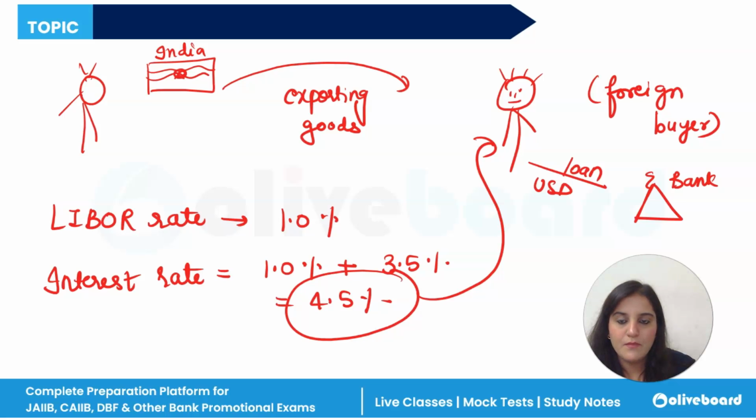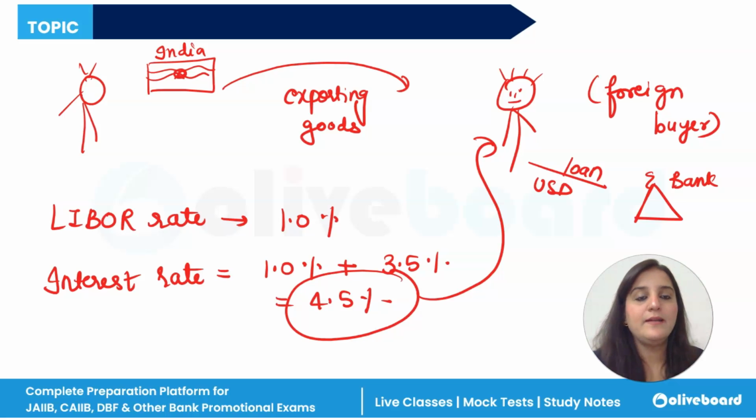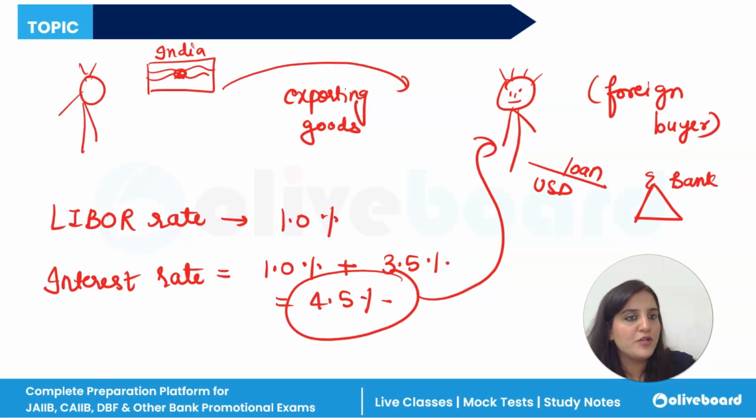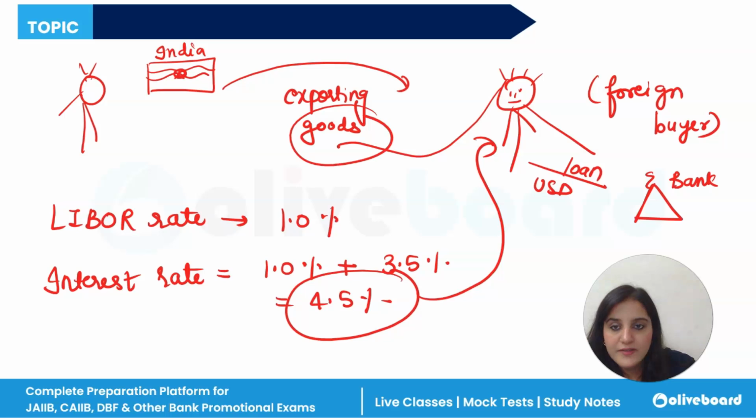Understood here? And we can say how it basically works: the exporter takes the loan at 4.5% to finance the production of goods. Once the goods are shipped and payment is received from the foreign buyer, usually in foreign currency, the exporter can repay the loan.